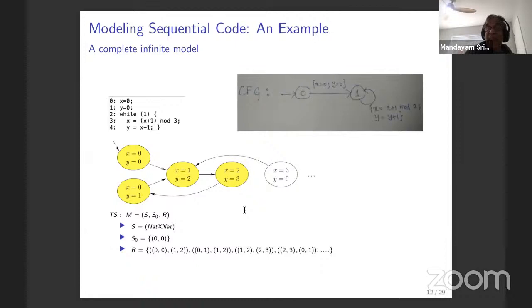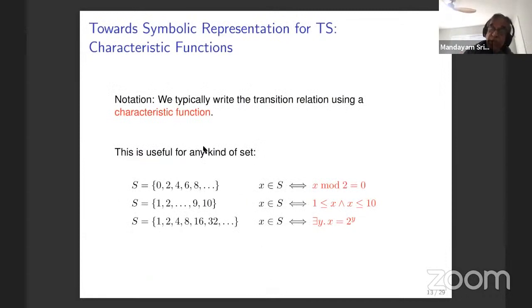So you can either use logical formulas to represent the transition relation, which is a classical finite representation of infinite objects, or automata can be that tool as well.